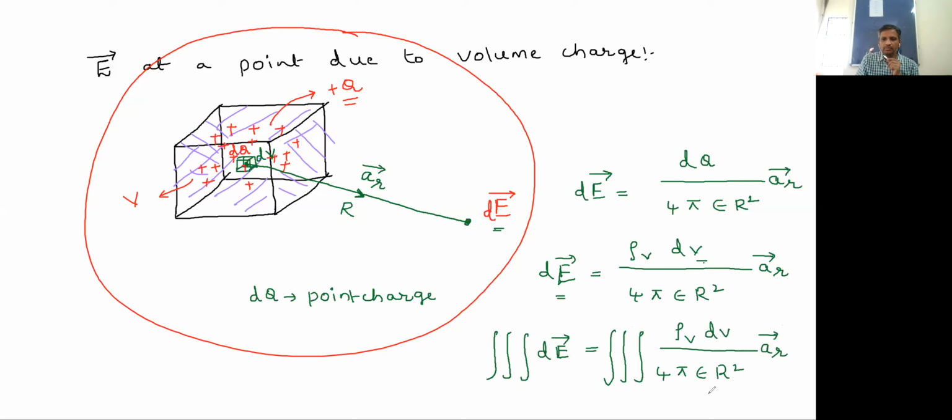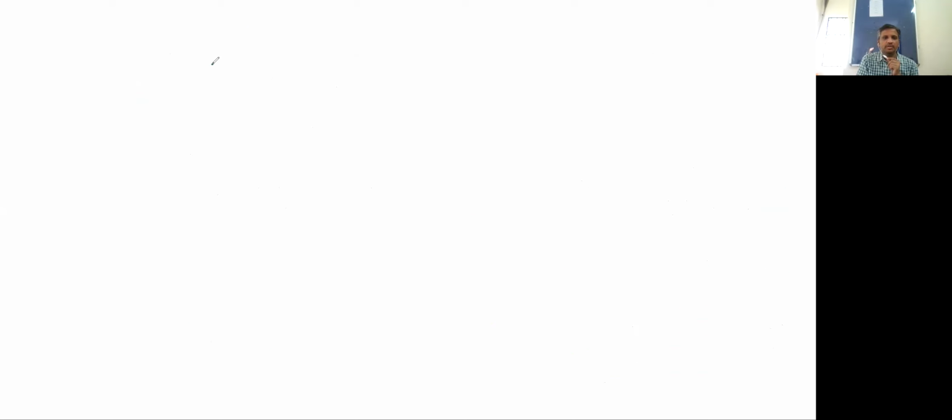Now we'll get the final expression: E is equal to the volume integral, which is a triple integral, rho v dV by 4 pi epsilon r square AR vector, volt per meter.